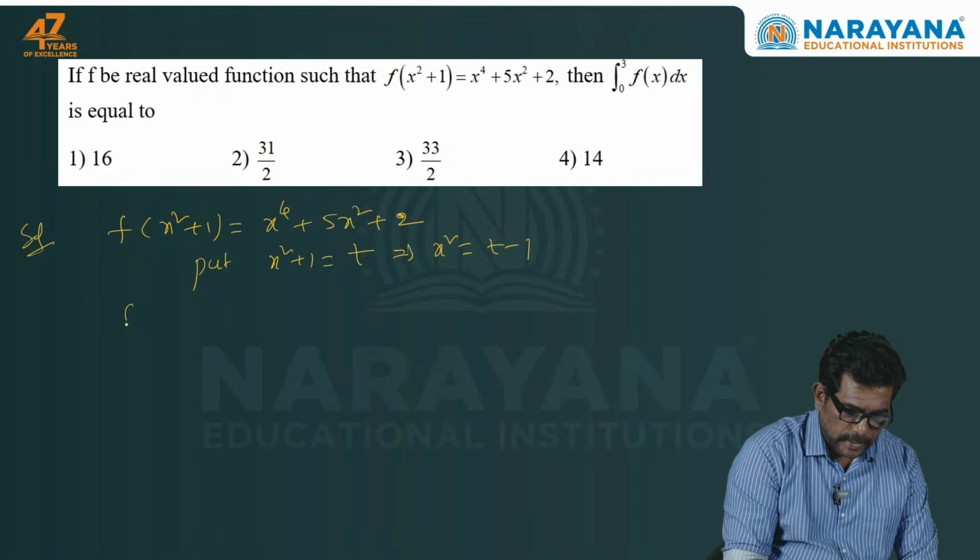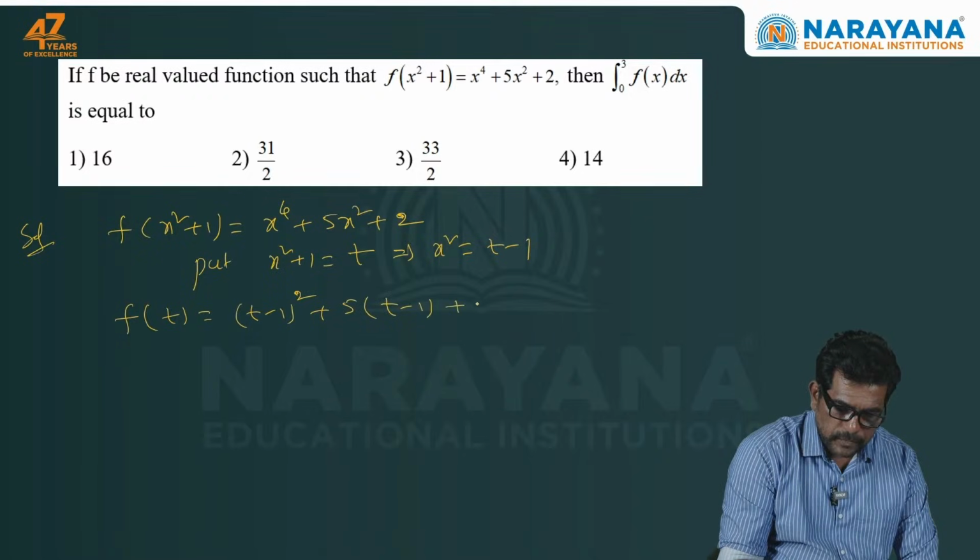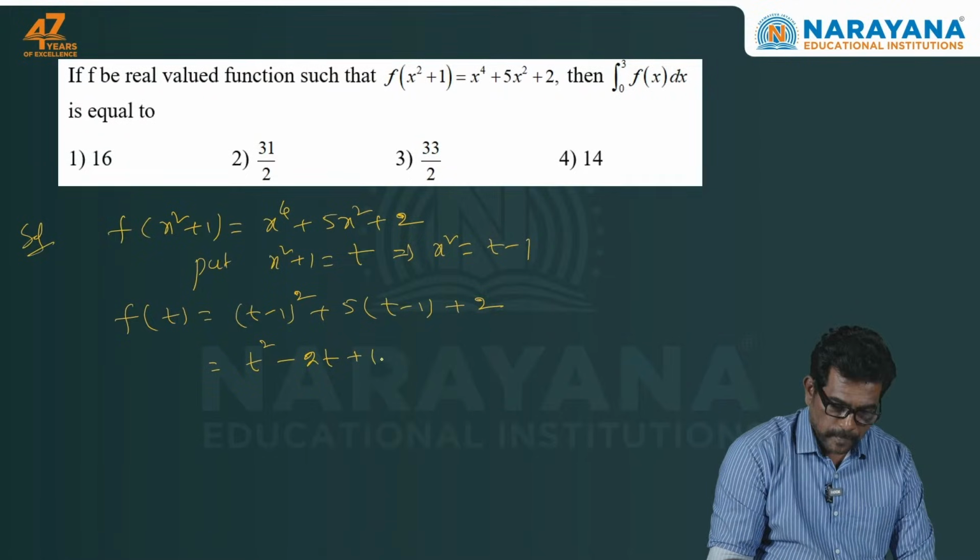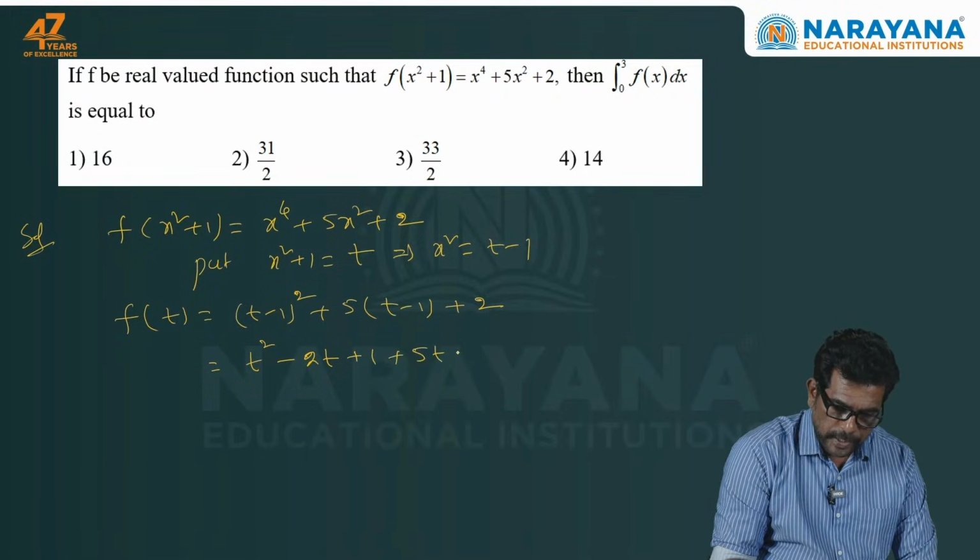Now, I am using this: f of t is equal to x to the power of 4, which means (t minus 1) whole square plus 5 times (t minus 1) plus 2. Now, the simplification of this one: t square minus 2t plus 1 plus 5t minus 5 plus 2.